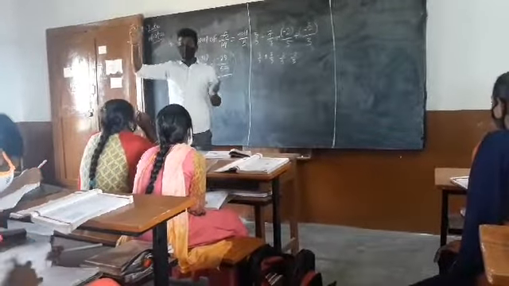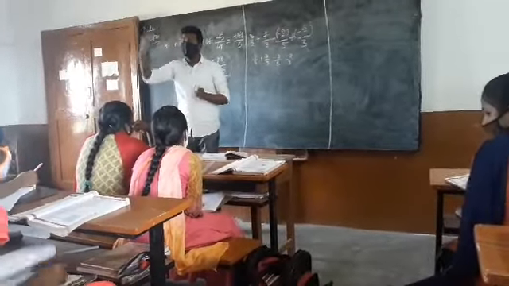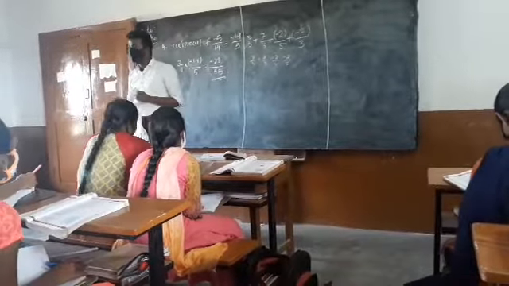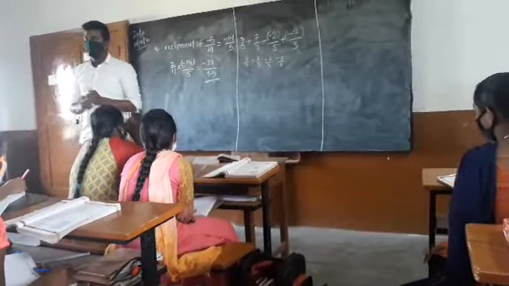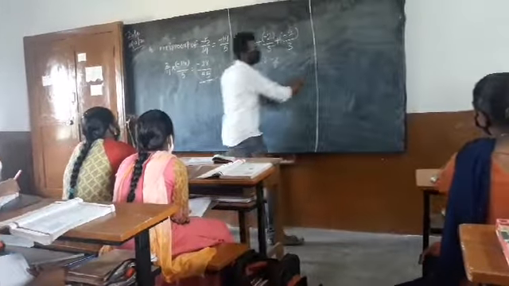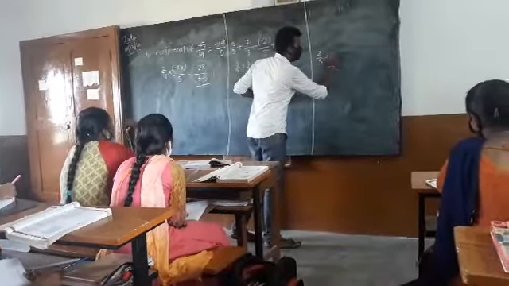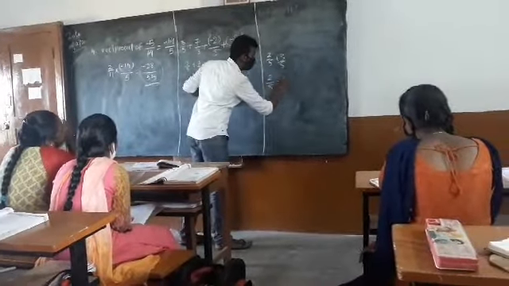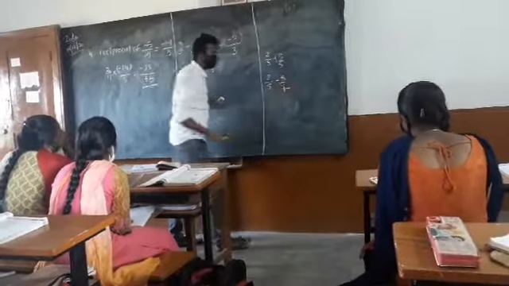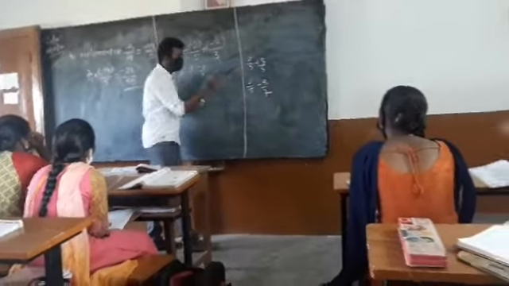So whenever you want to do addition, when will it be easier? When the denominators are the same or when the denominators are different? Is this addition easier or this addition easier to solve? Which one? First one, isn't it?